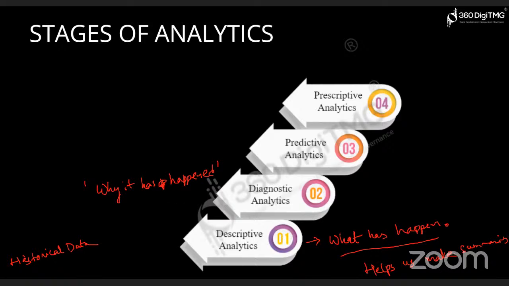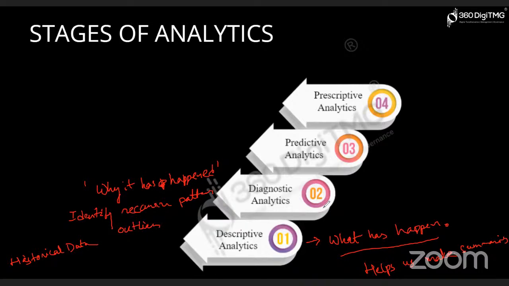In this step, we try to find why whatever happened in the first step has happened, and it helps us identify the recurring patterns in the historical data. Also in this step we can identify outliers.